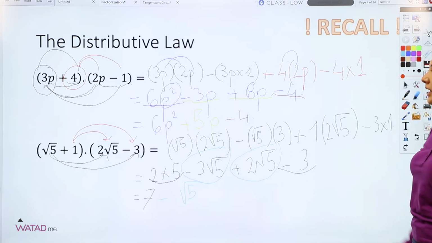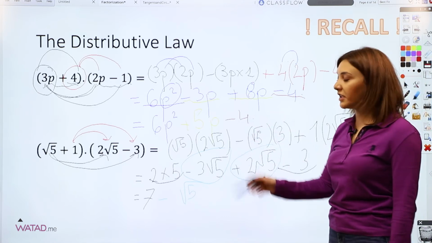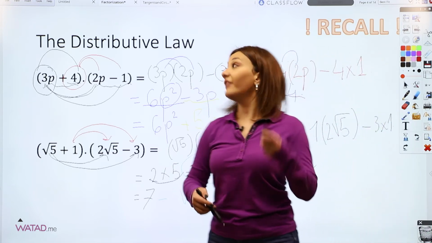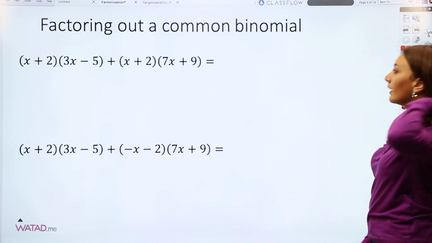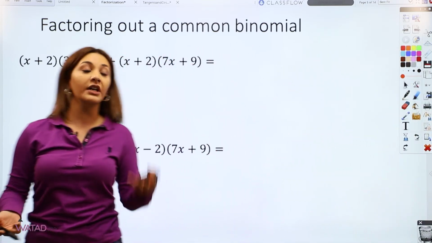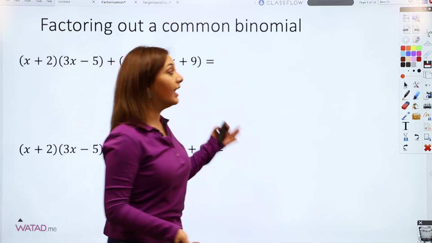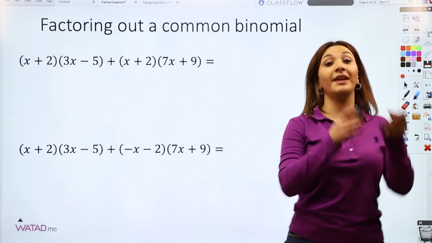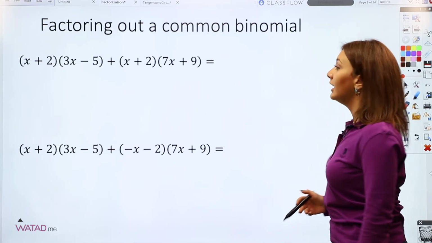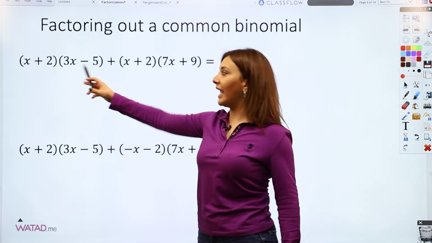Okay? Why am I doing this? Because also I will use the reverse of the distributive law to factorize a big expression that might have common factors. Okay, how can I know what are the remainings? Okay, let's see. In the first example, I have x plus 2 into 3x minus 5.